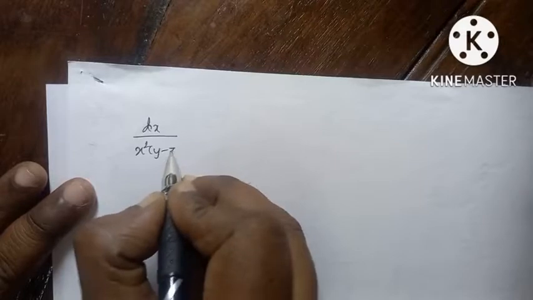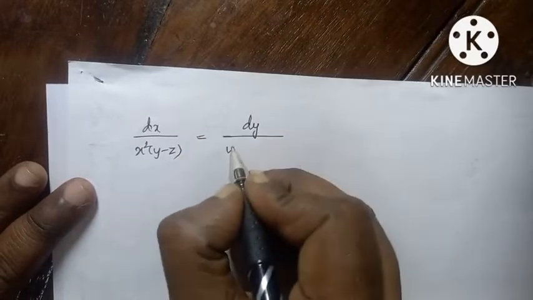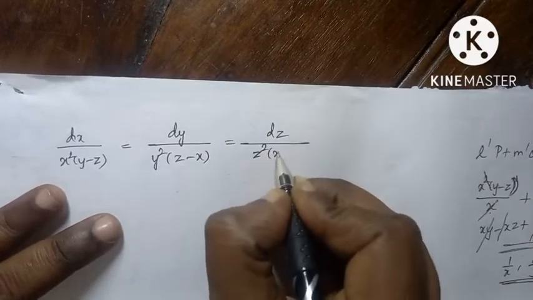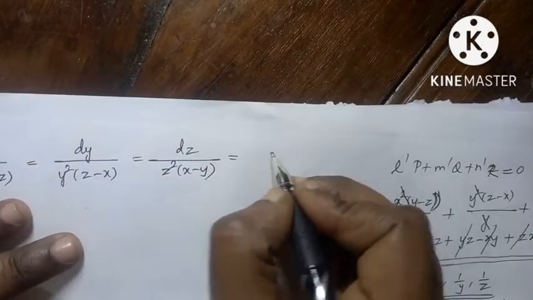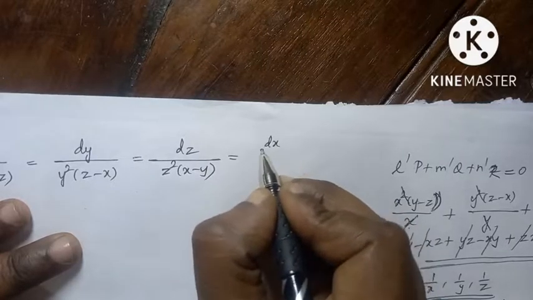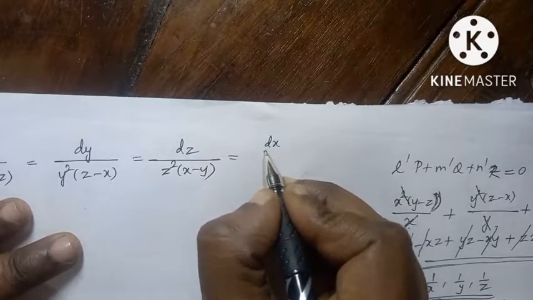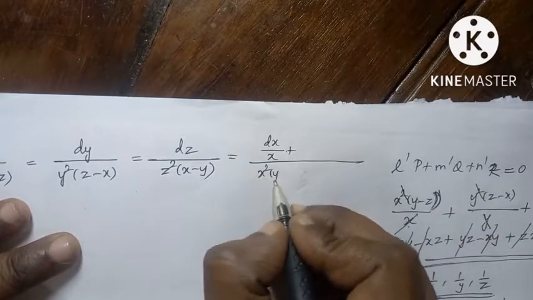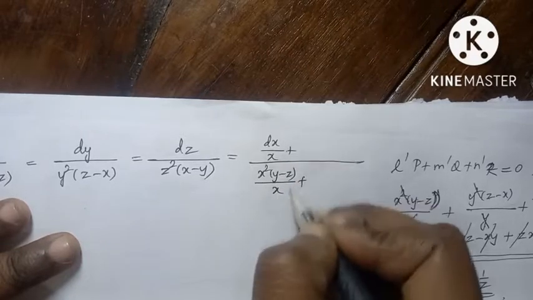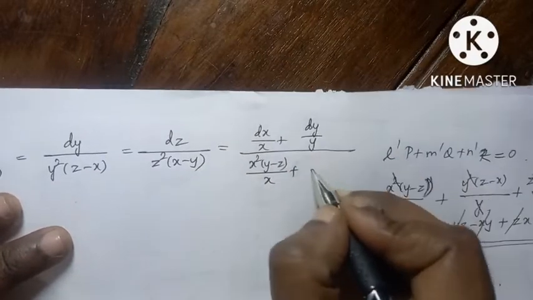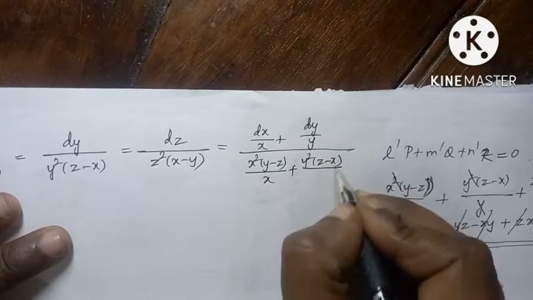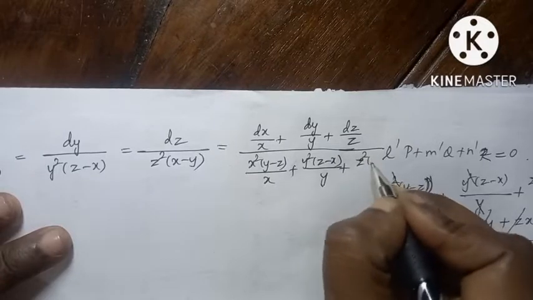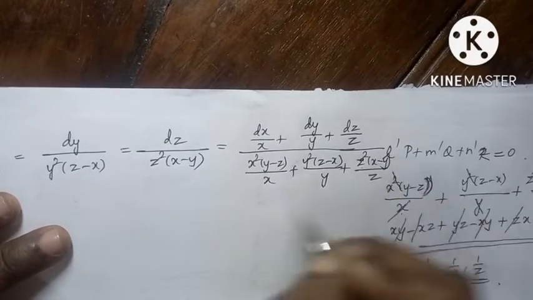Okay, let us do it. So there are 3 ratios already, right? x square into y minus z, y square into z minus x, z square into x minus y. Let us write the 4th ratio. I have to multiply the numerator by x and the denominator also by x, right? x square into y minus z by x. I should add similarly dy by y, y square into z minus x by y, dz by z, z square into x minus y by z.